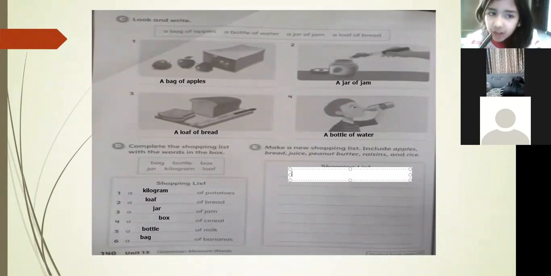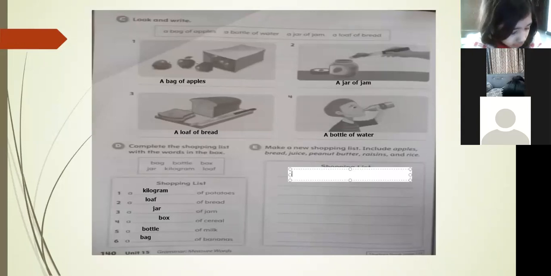Maybe a bag of apples. Yes, a bag of apples is fine too. A kilogram of apples is fine too. A box of apples is fine too. So you can write any one, okay? I would write here a bag of apples.